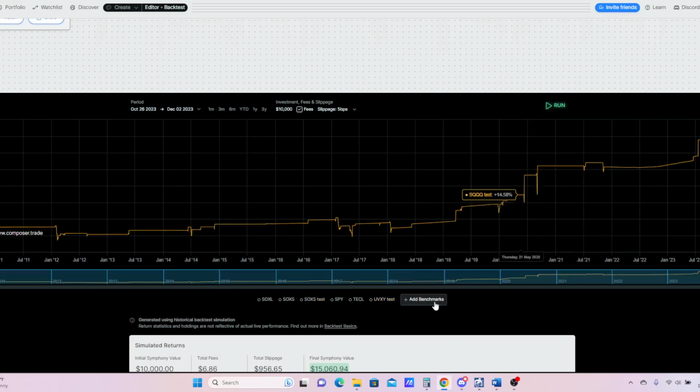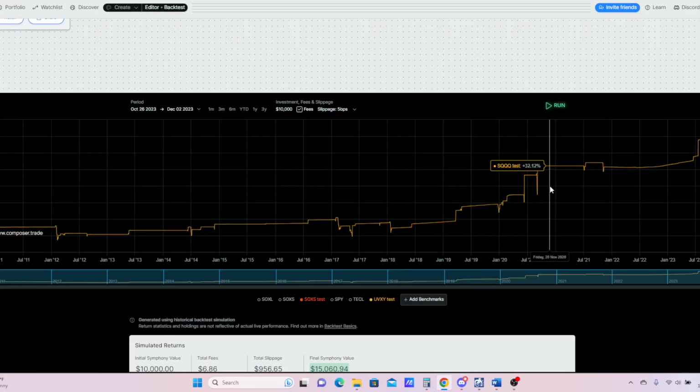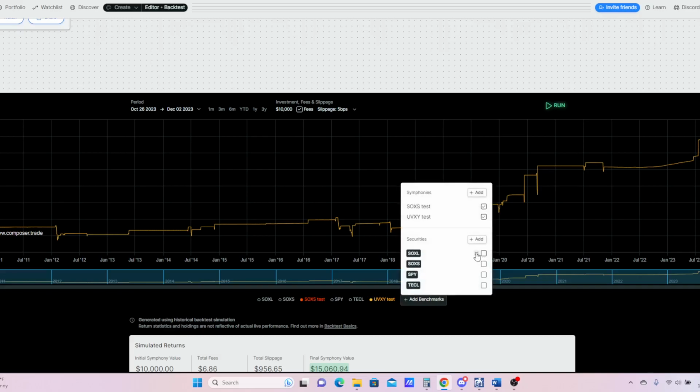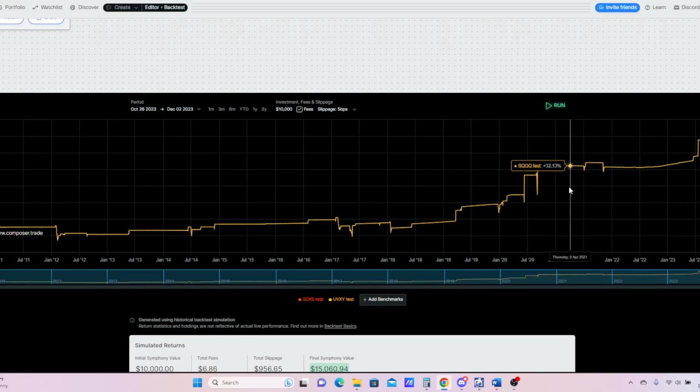Oh, no, you have to check those. Check the box. They were already checked. Go back to add, and check the box. Those are just the raw tickers, the individual tickers. I think you have to check them in order for them to show up. This has done it to me before. Hold on, let me just refresh the page.